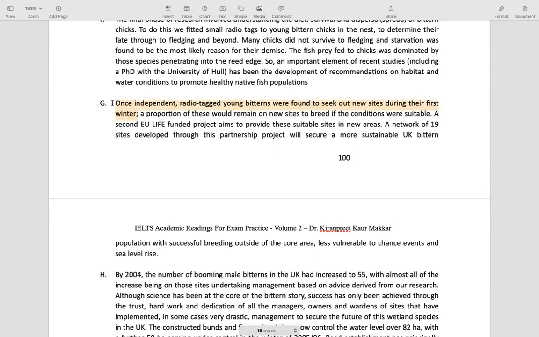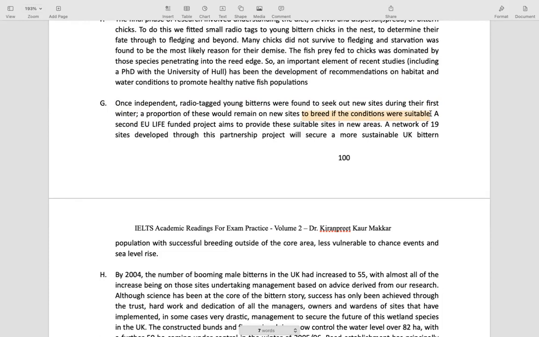But are the reserves for holding them in winter or after winter? So they go to new sites during winter. And what's written in the next line? A proportion of these would remain on the new sites if the conditions were suitable. So they stayed there.